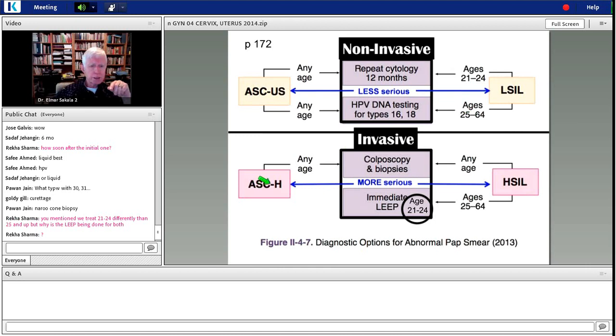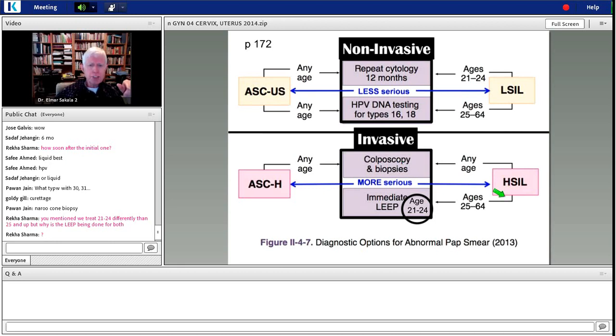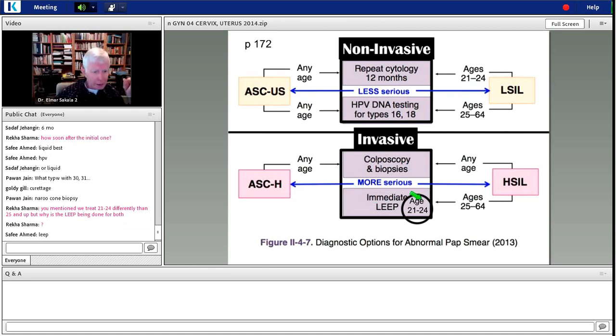Okay, let's look down here. The ASC-H, any age, colposcopy and biopsies. You don't do an immediate LEEP. But if it is HSIL, at any age, you can do colposcopy. So that would be age 21 to 24 and 25 to 64. But if she is older, our concern is higher, and we may just skip the colposcopy and biopsies and go to an immediate LEEP.